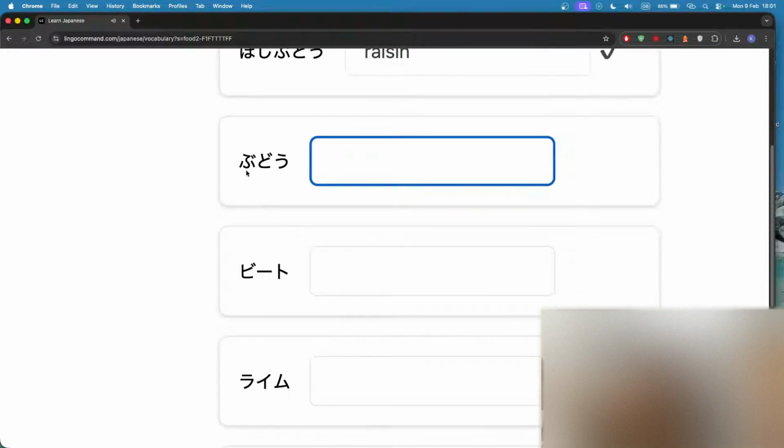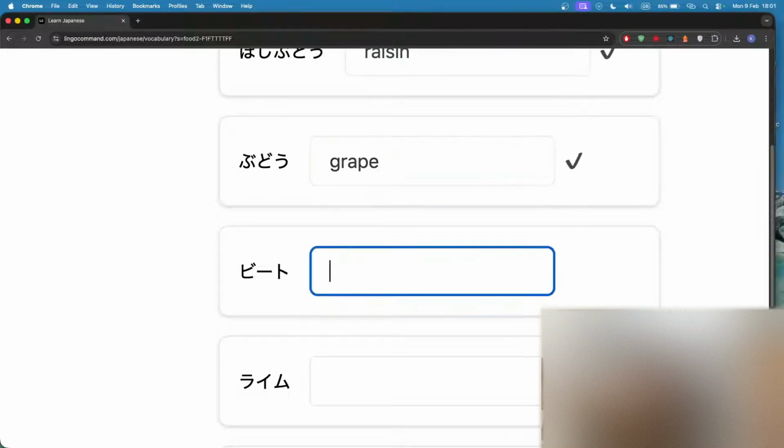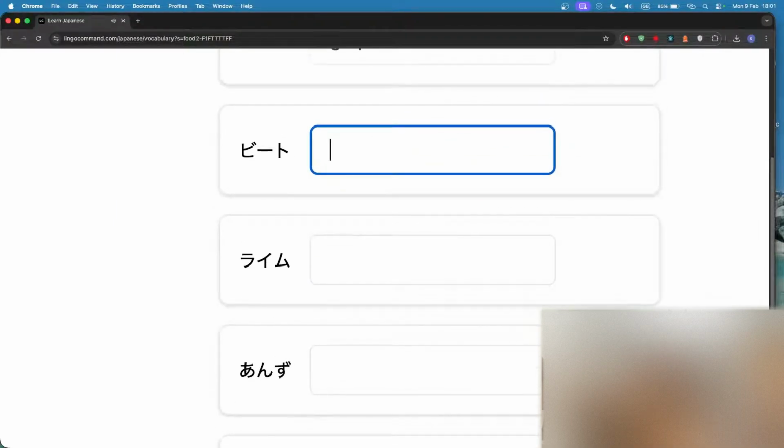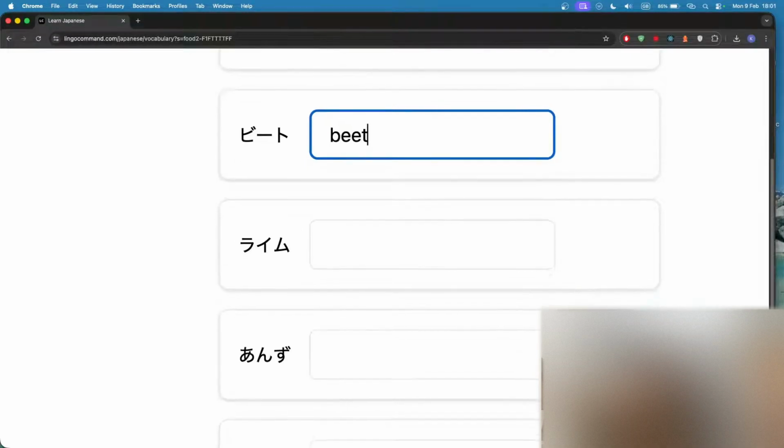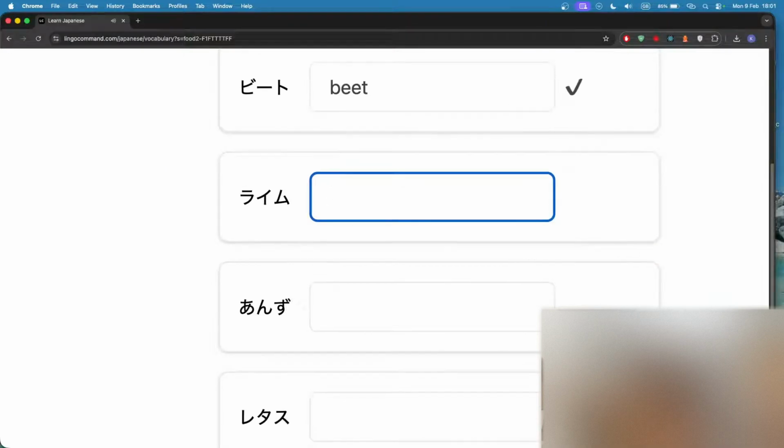It helps us to remember things. Budo is grape. That's straightforward. And then this is beetle. Now, this is katakana. It's a loan word. It means beet. And then this is raimu. So the nice part here, raimu, is it's a katakana loan word.